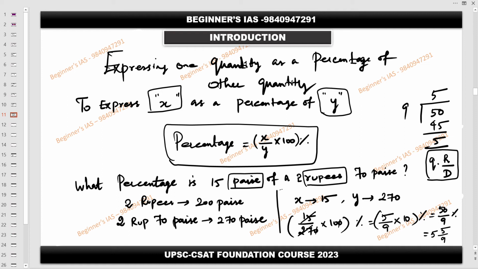Then the total 2 rupees 70 paise is nothing but 270 paise. Understood? Yes, sir. Fine. So clear, everyone? Yes, sir.